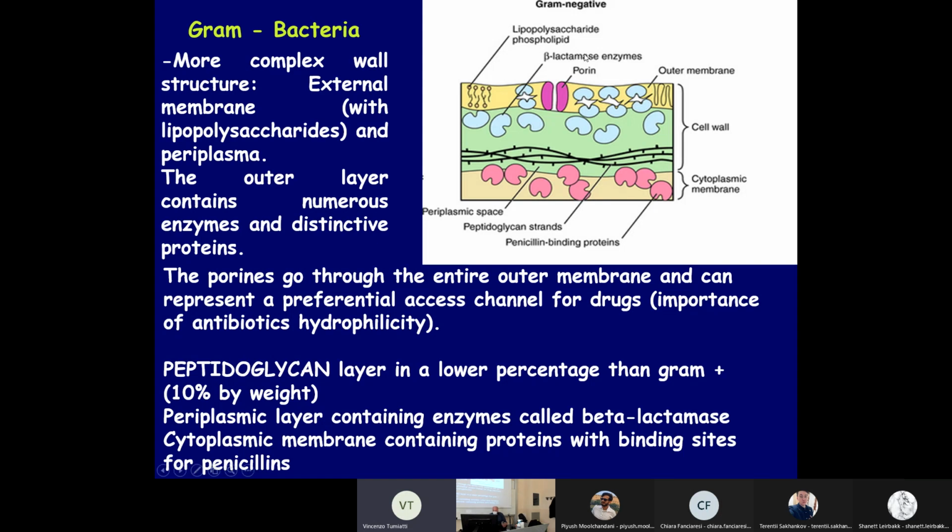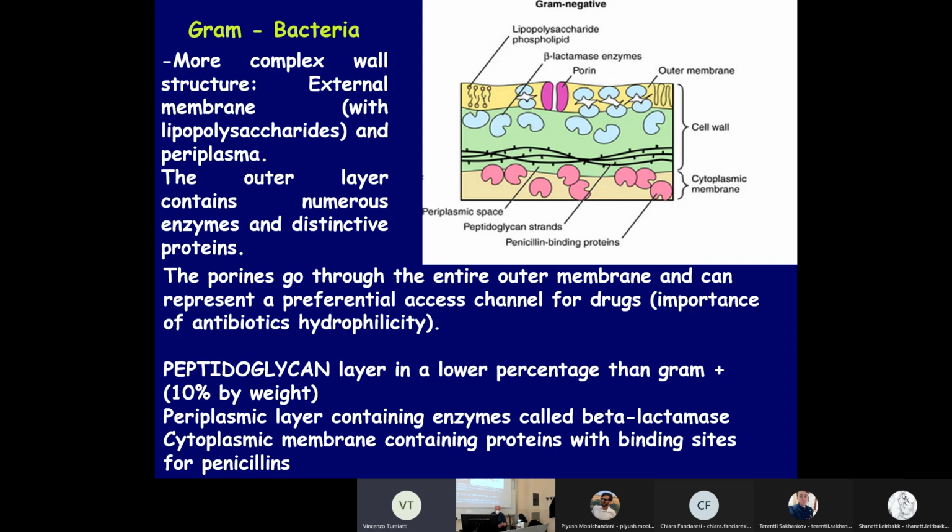But fortunately, there are particular channels called porins. Porins cross all the outer membrane.